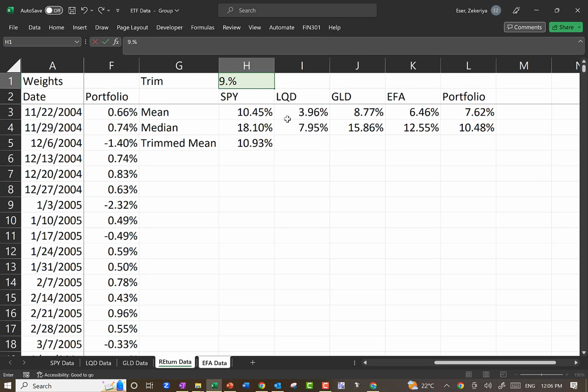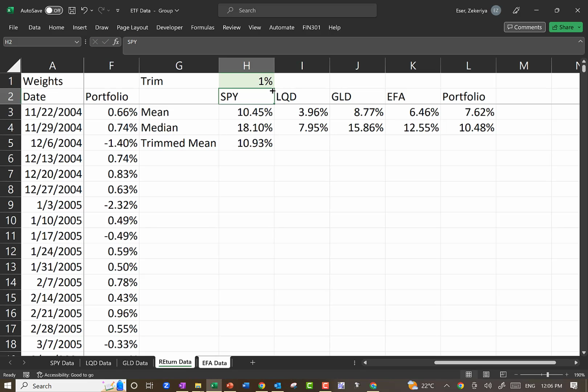Oddly enough, when that number is closer to 100%, you should get exactly the same thing as median. That's what a median is. It's 100% trimming in the median sense, or technically 99.99999.